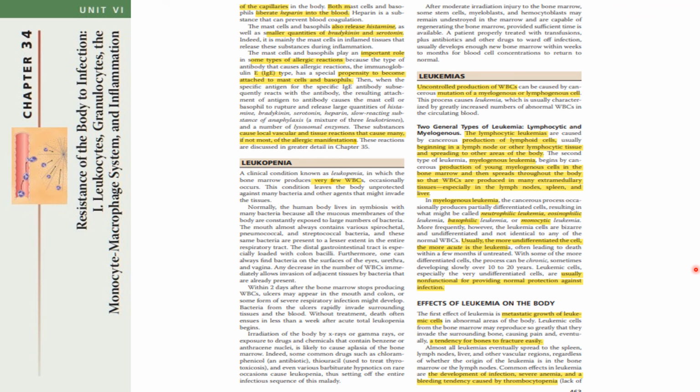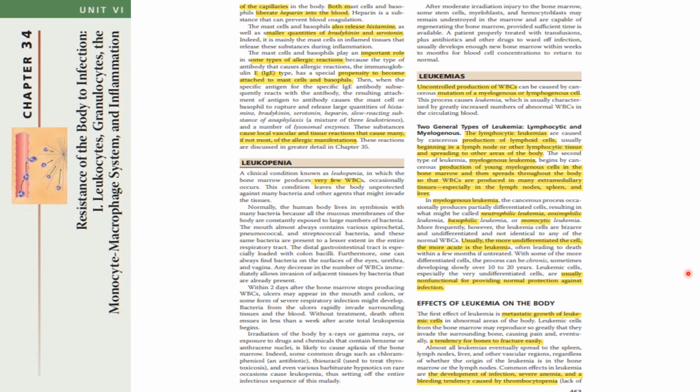The lymphocytic leukemias are caused by the cancerous production of lymphoid cells beginning in a lymph node or other lymphoid tissue and spreading to other areas of the body. Myelogenous leukemia begins with cancerous production of young myelogenous cells in the bone marrow, and then they spread throughout the body so that white blood cells are produced in many extramedullary tissues, especially in lymph nodes, spleen, or liver.